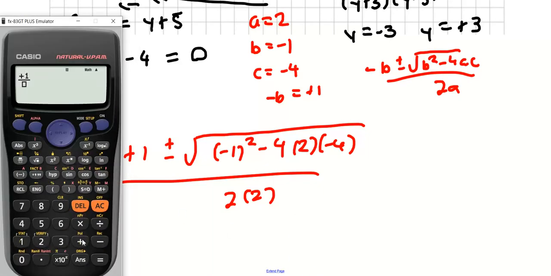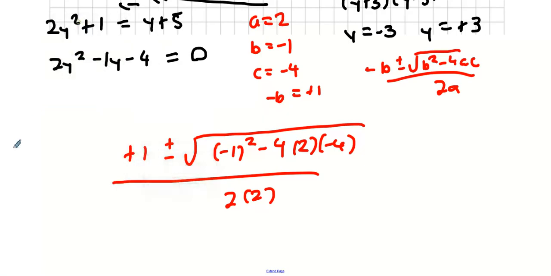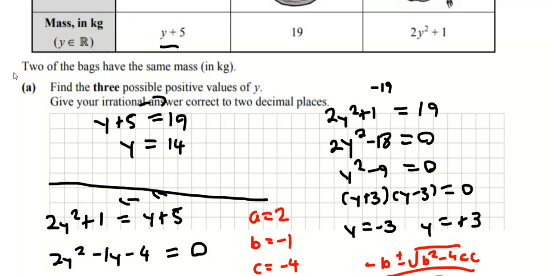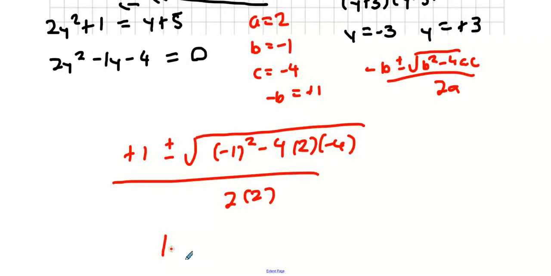Plus 1 plus square root minus 1 squared minus 4 times 2 times minus 4, all over 2 times 2, and you get 1 plus root 33 over 4, which is 1.69 to 2 decimal places, so 1.69.